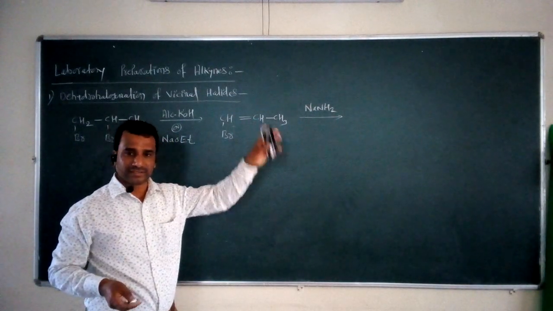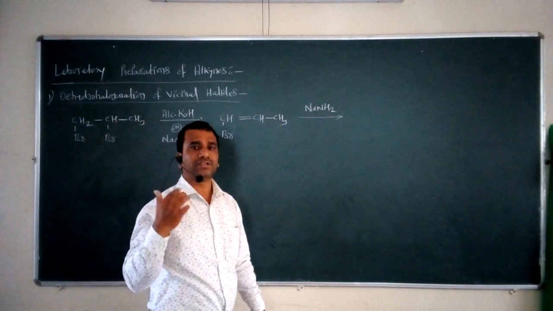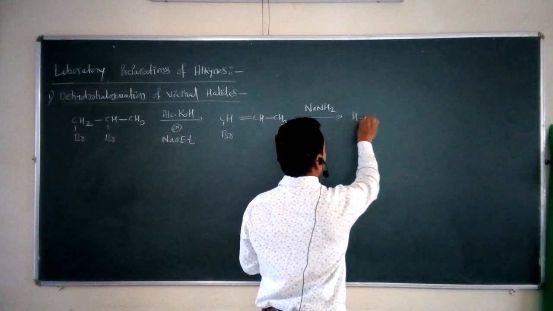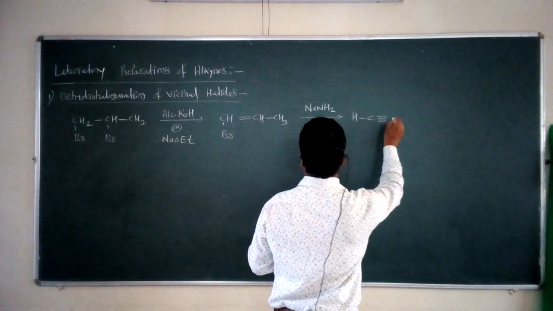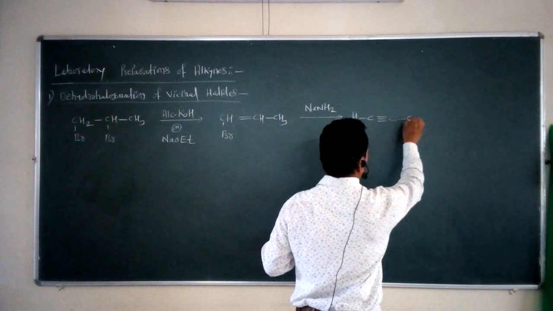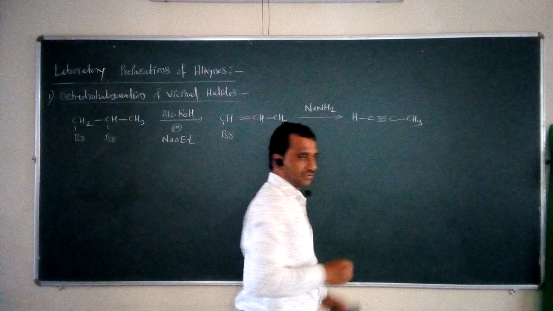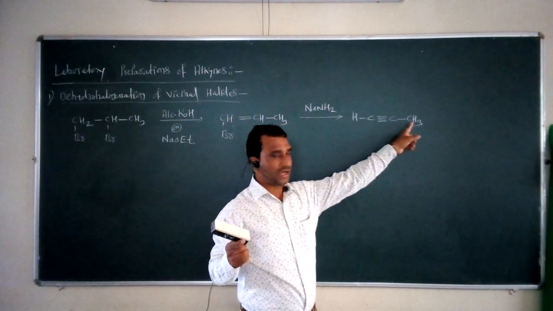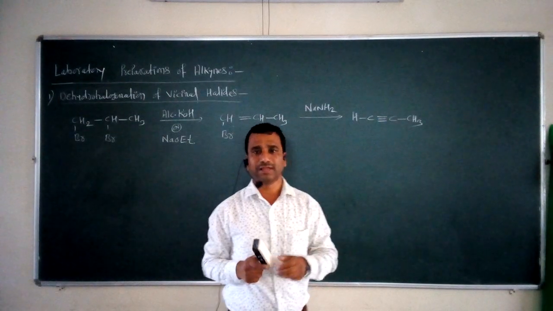This compound gets converted into the particular alkyne, and that alkyne obtained is nothing but HC triple bond C single bond CH3. What is the name of this alkyne? It has carbons 1, 2 and 3, so three carbons means propyne.